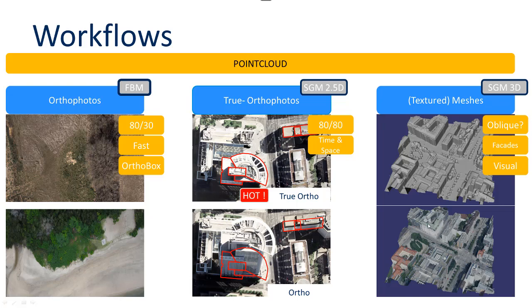It also includes, in this case, the real texture of objects, which makes the interpretation very easy. And also it allows to do some inspection for regions and areas or for project plannings. All of these three products, the orthophoto, the True-Ortho photo, and the textured mesh, all are available in Match 3ds for processing.